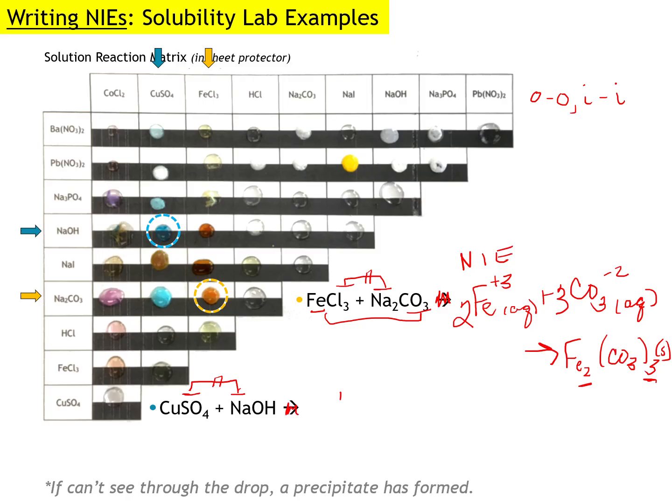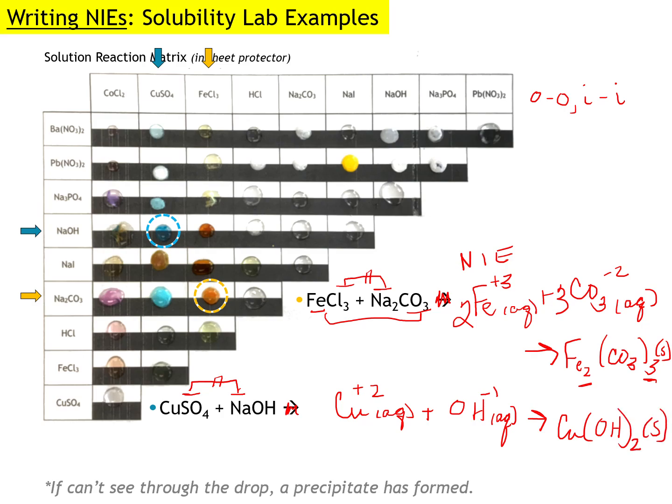So we have copper, which is +2, aqueous, plus hydroxide. And then it's not charge balanced, so you got to do the swap and drop, and you end up with Cu(OH)2 as your solid that's being formed.